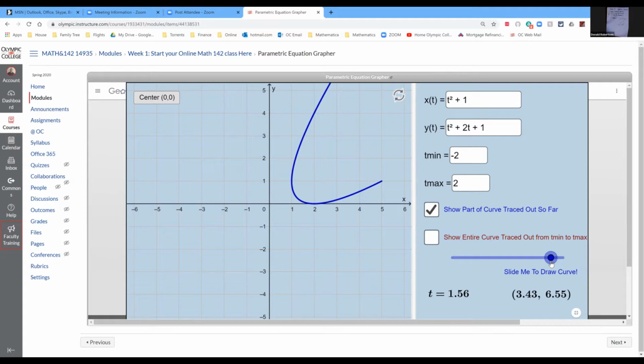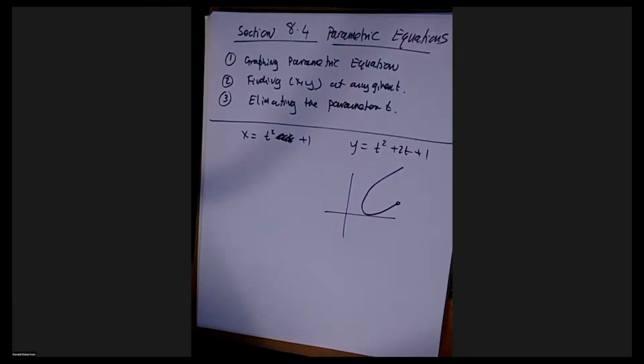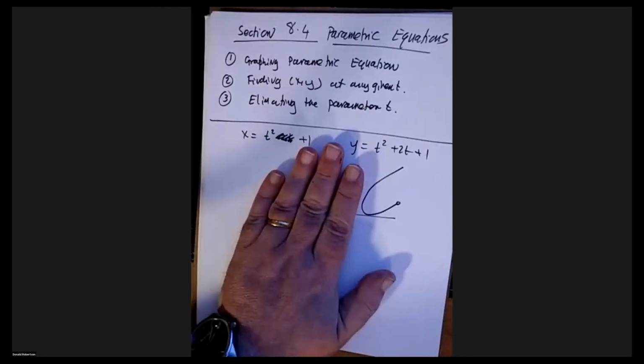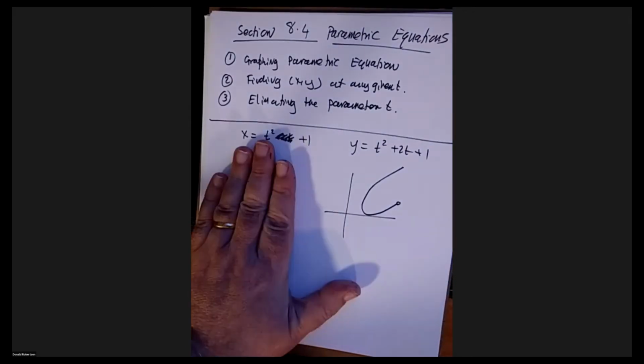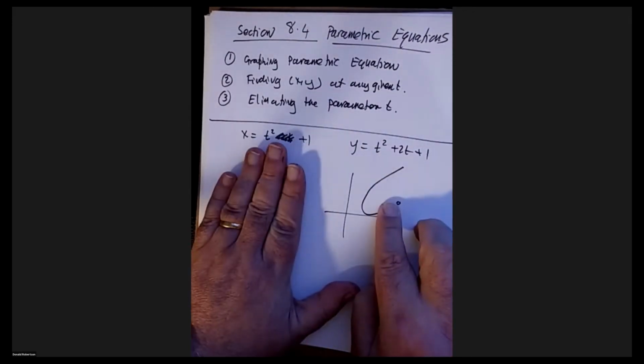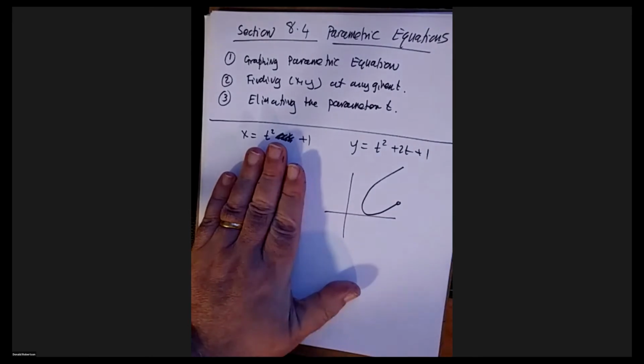Did you notice that this curve has a direction to it? You start off at 5, -2, and then as the values of t increase up to 0, you're about here, and then 1, and then finally 2, right? So if you were given a question, one of the pictures would look something like this, and then there'd be 3 others that don't look like this.